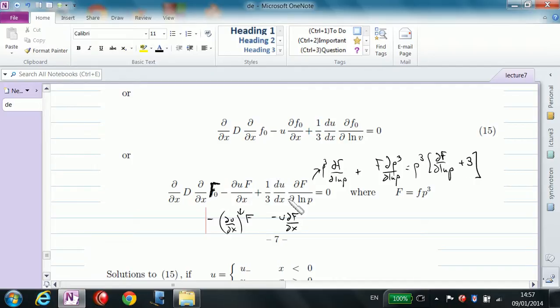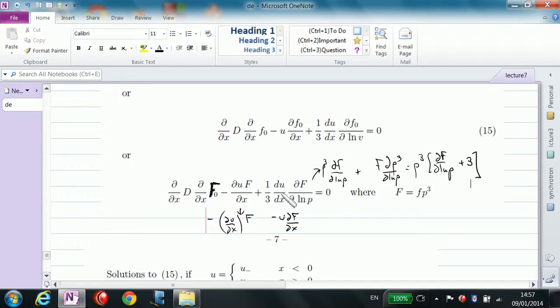And it's always assumed that the mean free path is small compared to the gradient. But it's not clear that Parker himself realized that you could apply it. I certainly didn't realize it.